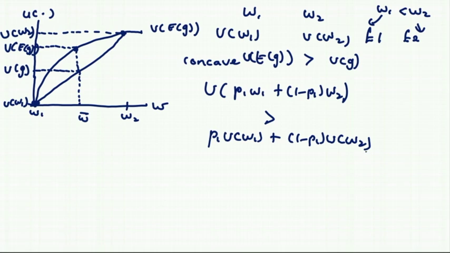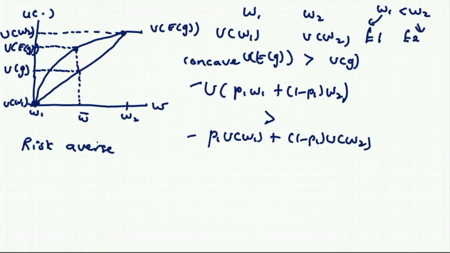That's the idea. Now for this case, as you have seen in the previous slide, when UEG is greater than UG, or this term is greater than this term, then this person is said to have a risk-averse characteristic.